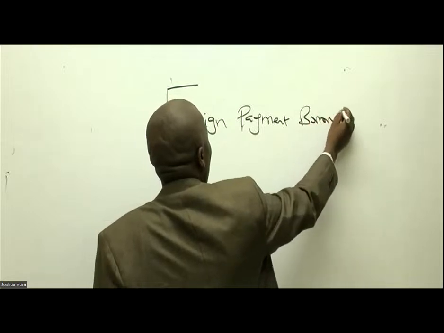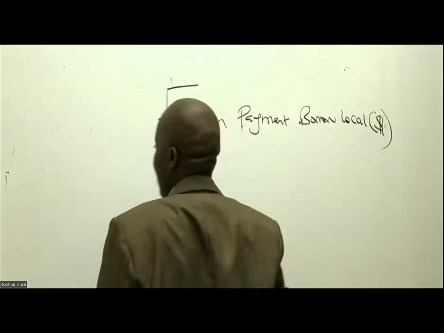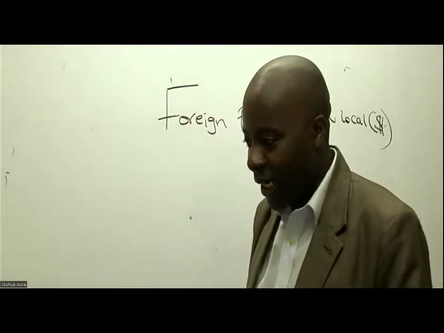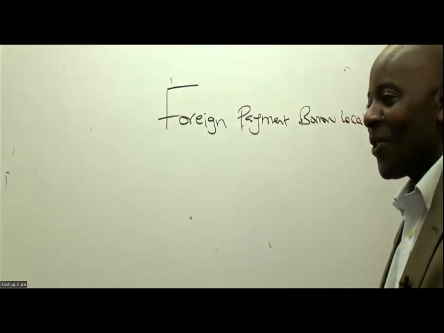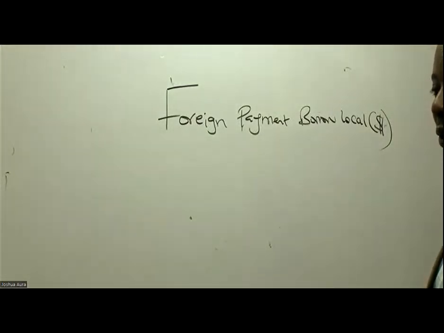And we know that the local currency for this company is the dollar. You told me that the local currency for this company is the dollar. So they're going to borrow the local.